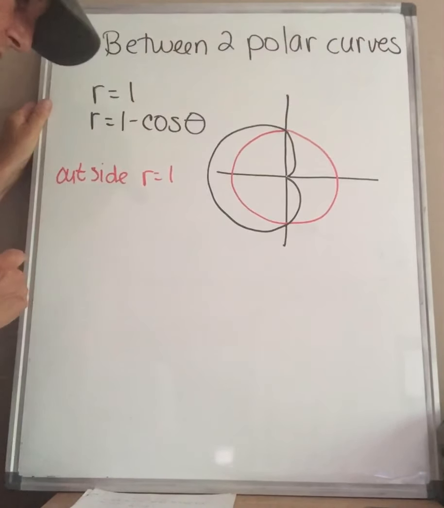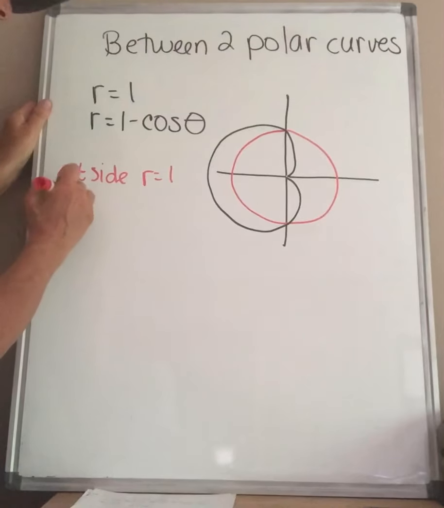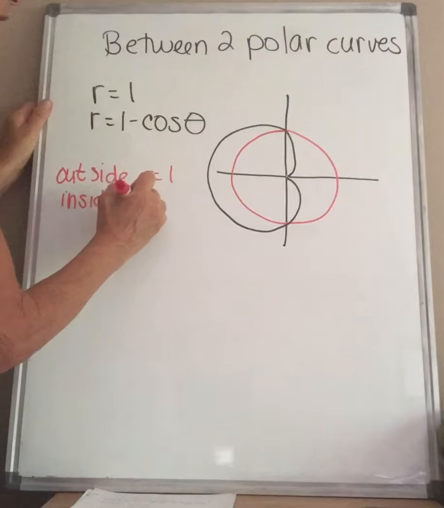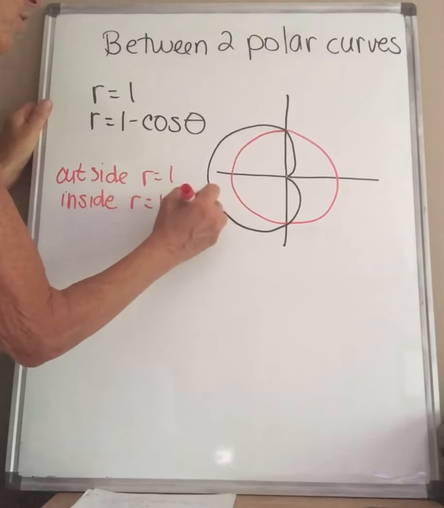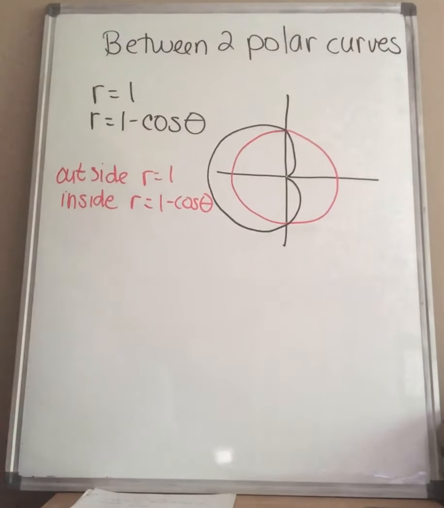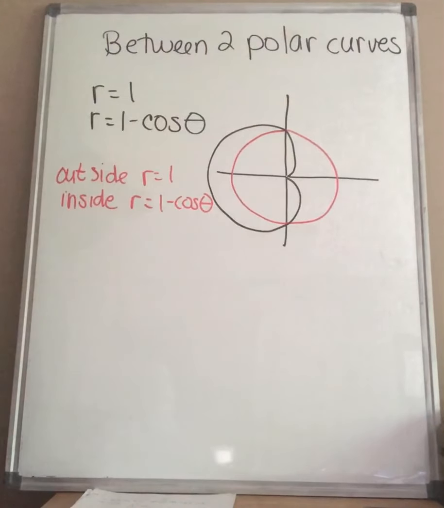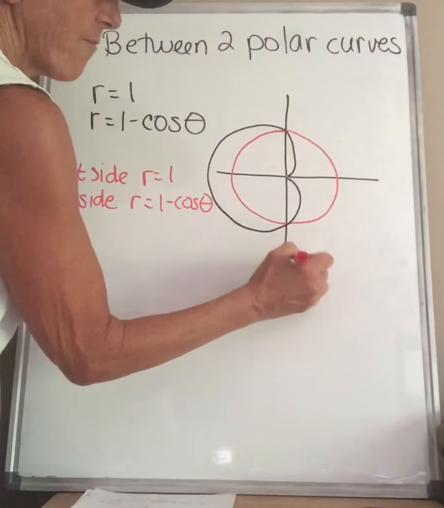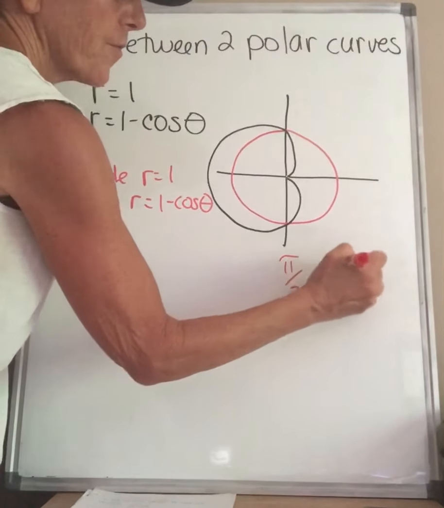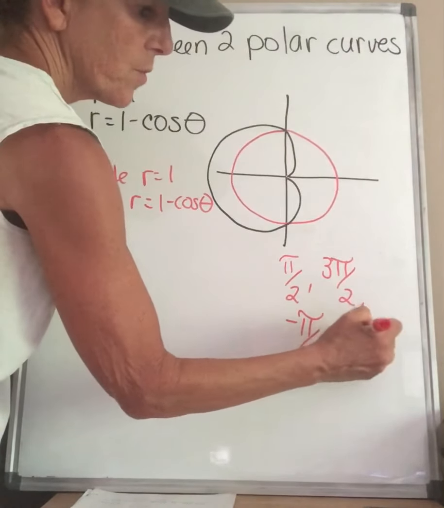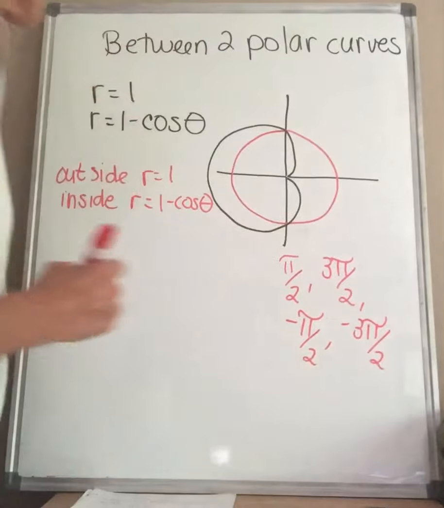Outside r is equal to 1 and inside r is equal to 1 minus cosine of theta. You have to play with your window, and it looks like the points of intersection are pi over 2 and 3 pi over 2. Keep in mind we can have negative angles, so we can have pi over 2, 3 pi over 2, negative pi over 2, negative 3 pi over 2.